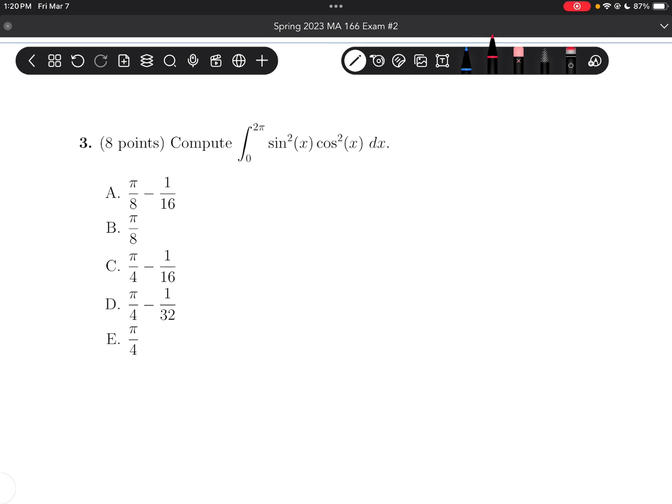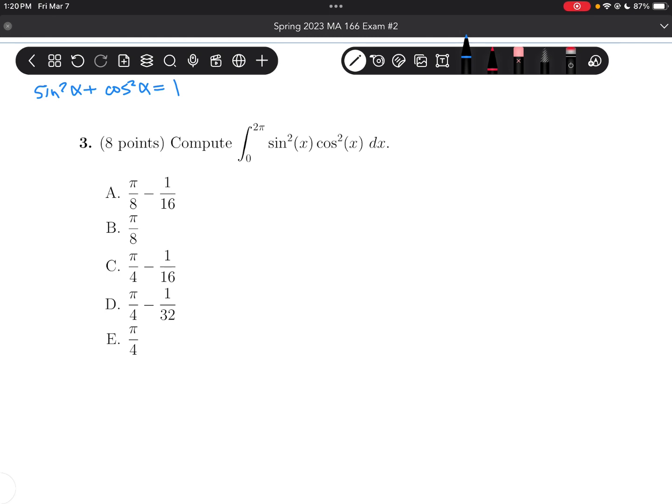Anytime we have trig functions, it's a good idea to consider if there are any trig identities that we can use. Trig identities are mainly the Pythagorean identity, which states that sine squared plus cosine squared is equal to 1.